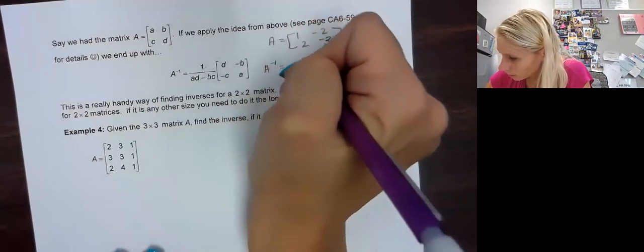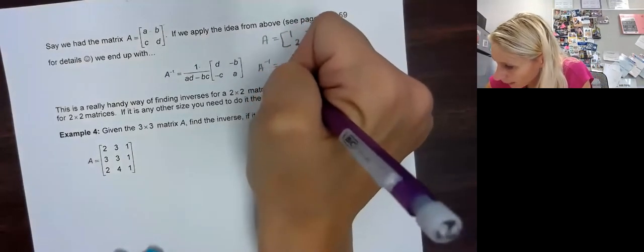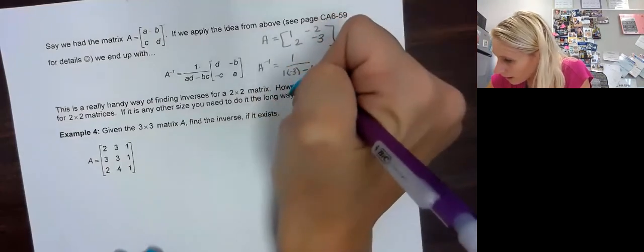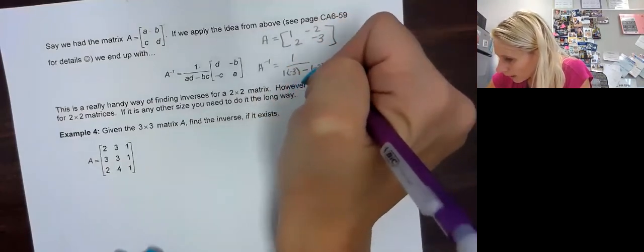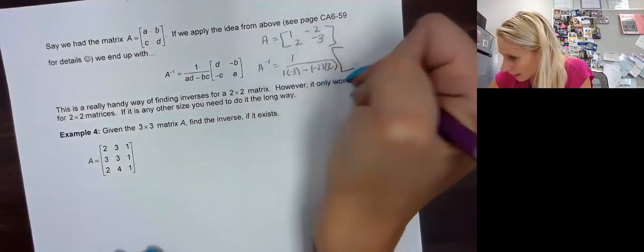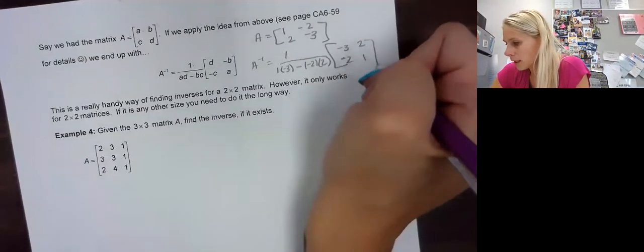The inverse equals 1 over a times d, so that's 1 times negative 3 minus negative 2 times 2. Then we have this matrix. I switch a and d and make b and c opposite. I don't switch them, I make them opposite. They just happen to look like they switch. So be careful with that.